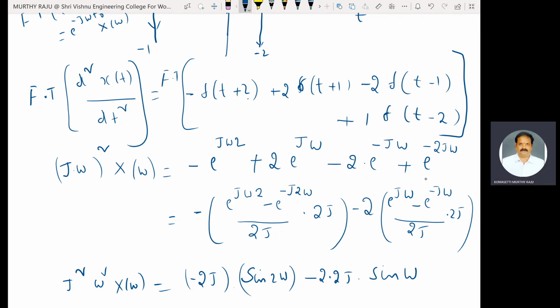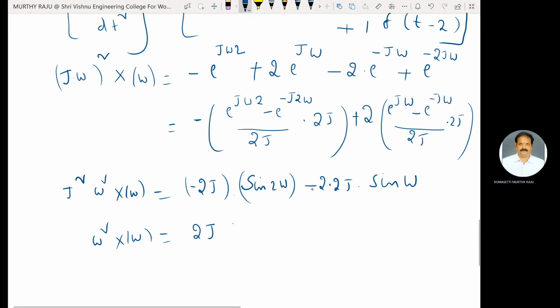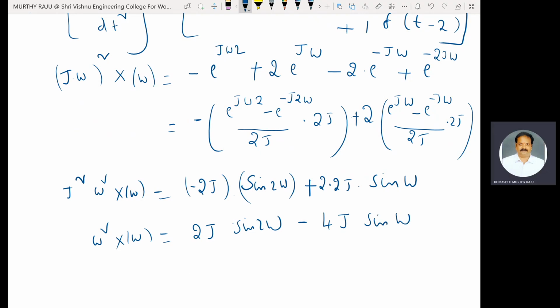Here minus sign, 2j and plus 1 here. 2 into e power j omega minus e power minus j omega by 2j. Here j square is minus 1, minus into minus plus 2j sine 2 omega, minus into plus minus 4j sine omega.